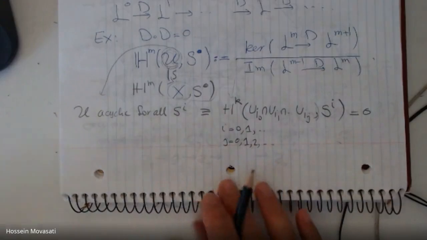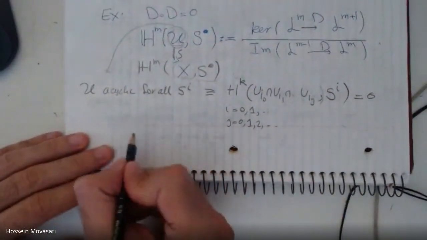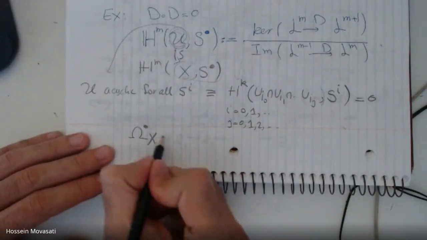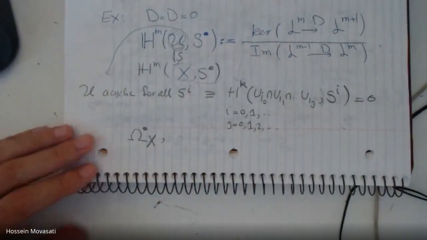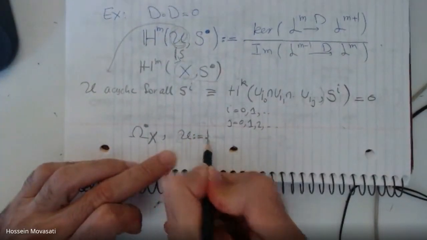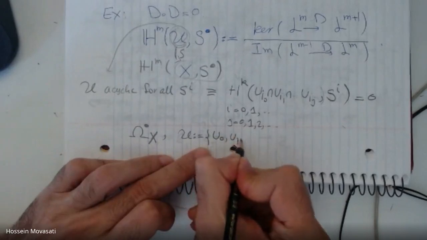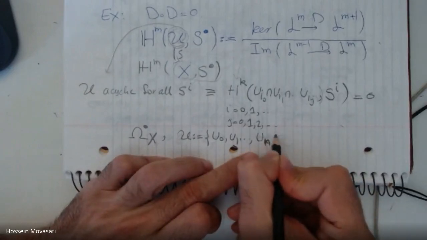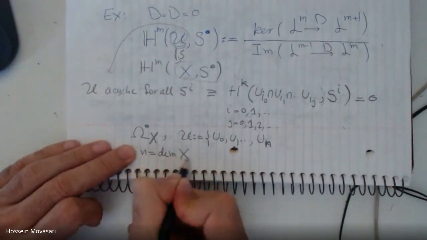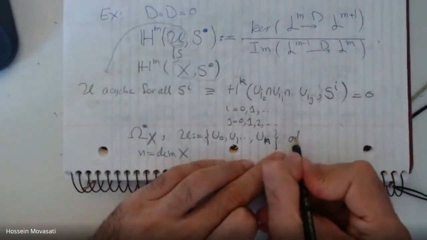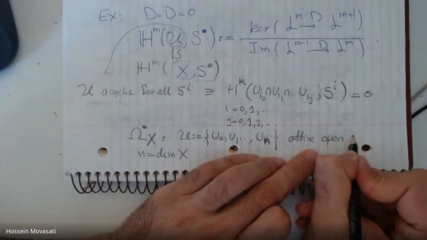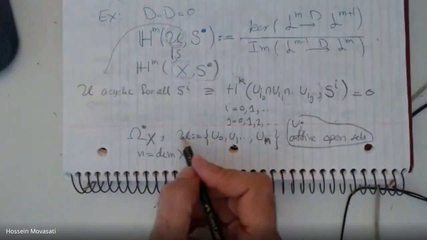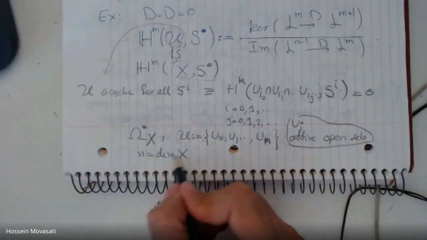So the moral of the story is this. Remember what my main example was: the sheaf of differential forms, and let's say U_0, U_1, ..., U_n, with n being the dimension of X, affine open sets U_i. I said that I can take a covering with n+1 open sets.